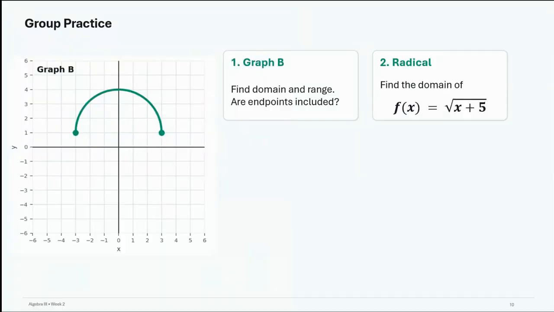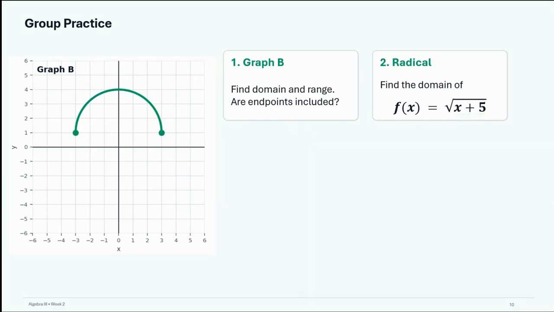How about this one? What's the domain of f of x equals the square root of x plus 5? We've done one like this. We know that this has to be at least 0. It can be 0 or larger.